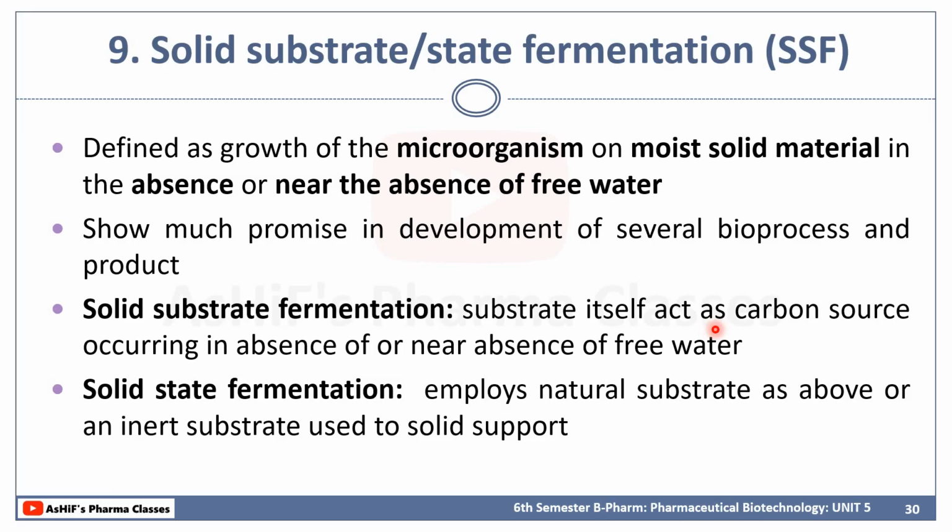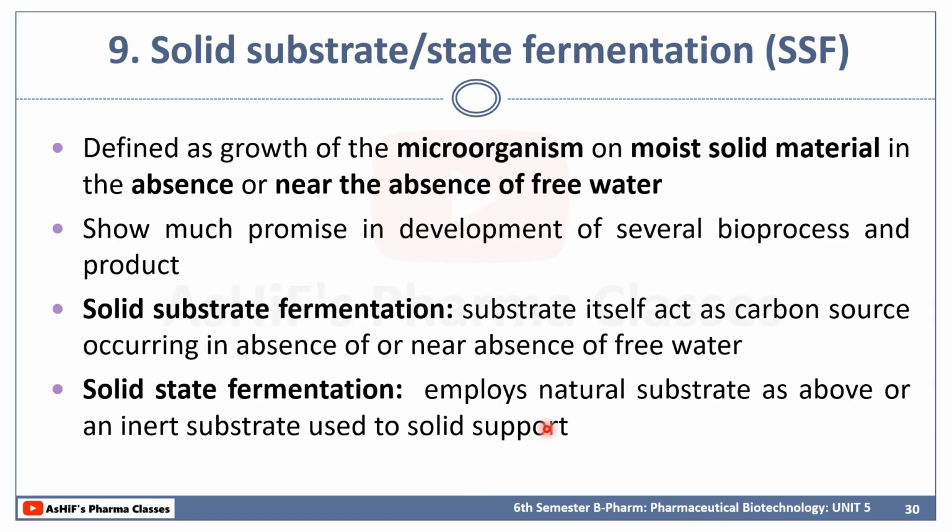It shows much promise in the development of several bioprocesses as well as products. In solid substrate fermentation, the substrate will act as a carbon source, occurring in the absence or near absence of free water. In solid state fermentation, it will employ a natural substrate as above, or an inert substrate which is used as a solid support.